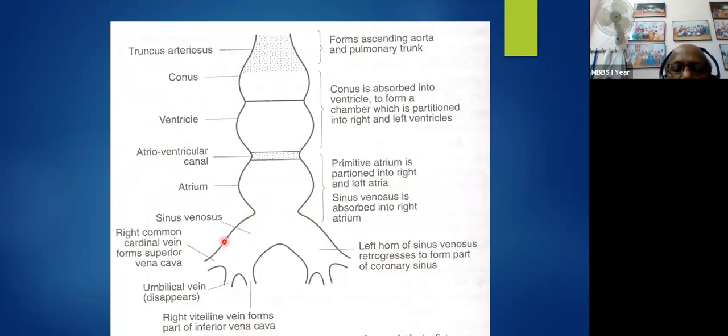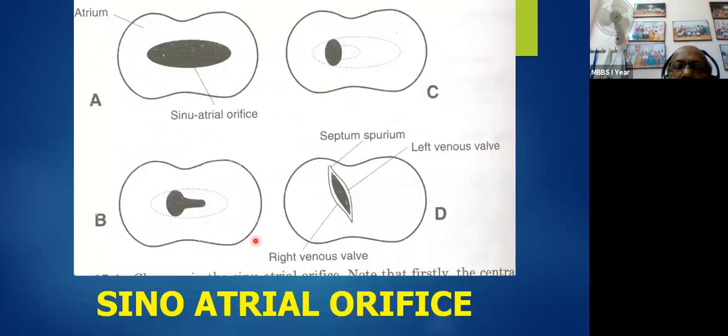Okay. So due to the enlargement of the right horn of the sinus venosus, the transversely placed sinoatrial orifice will be oriented vertically. This is due to the formation of the loop as well as regression of the left horn and enlargement of the right horn.